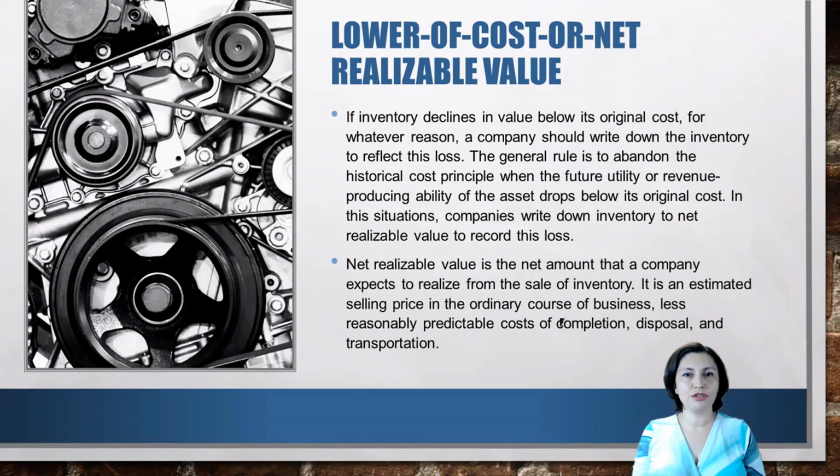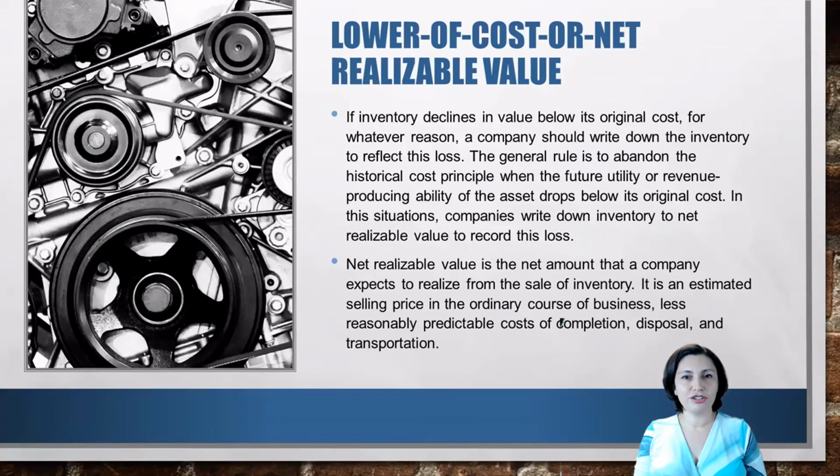Another approach is called lower of cost or net realizable value. If inventory declines in value below its original cost for whatever reason, a company should write down the inventory to reflect this loss. The general rule is to abandon the historical cost principle when the future utility or revenue producing ability of the asset drops below its original cost.